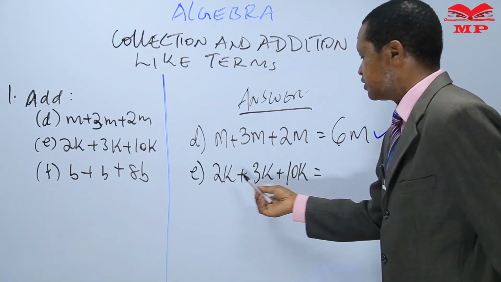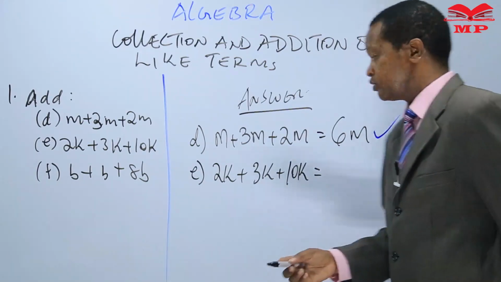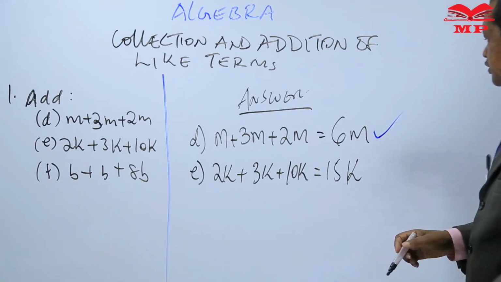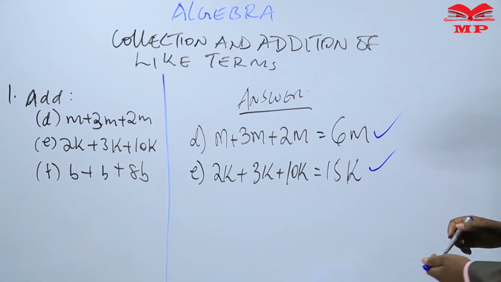So 2K plus 3K is equal to 5K, plus 10K is equal to 15K. Now if you got 15K, you can mark correct.